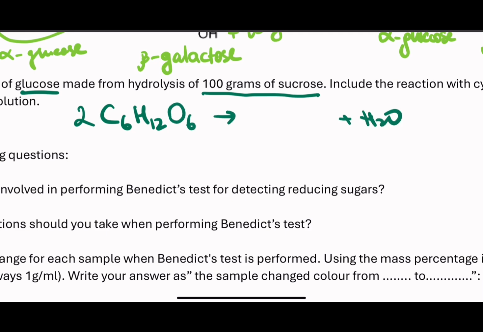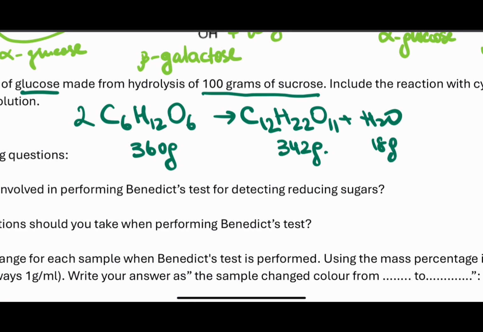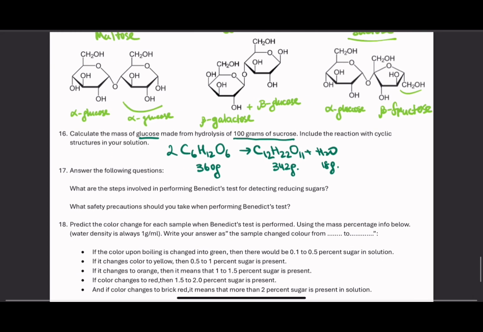If you take it out, you will get C12H22O11. That's the sucrose molecular formula, and the molar mass would be 342 gram, which also makes sense because you have 360 gram in here and 18 gram over here.